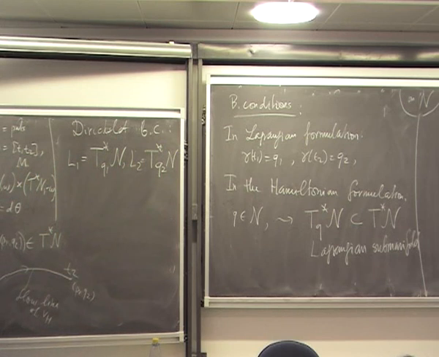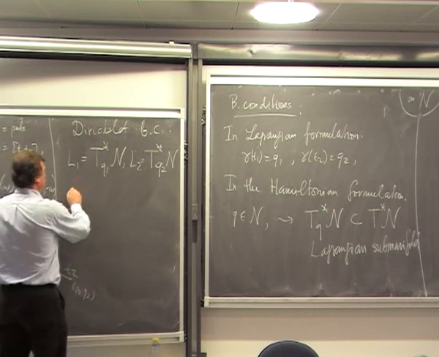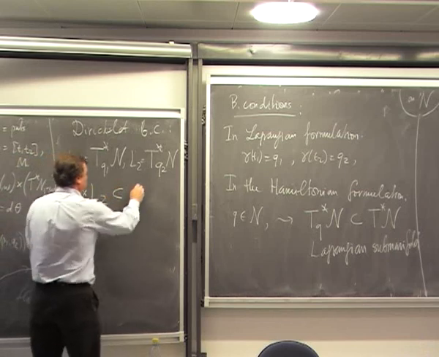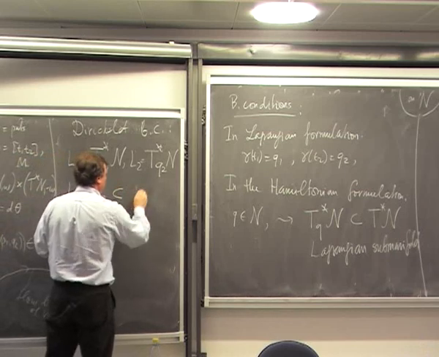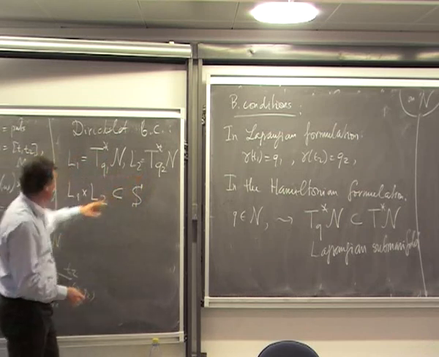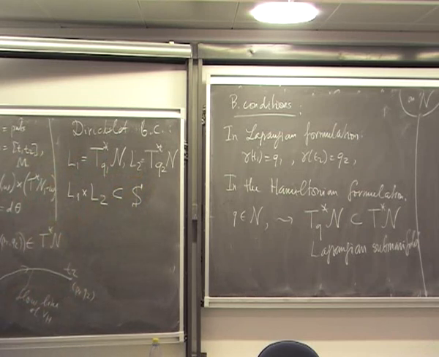And now let's see why generically we should expect a discrete set of solutions to the Euler-Lagrange equations. So once we fix these boundary conditions, the product of these bundles is exactly our symplectic manifold.